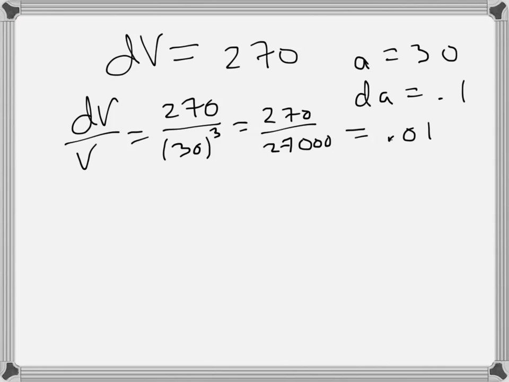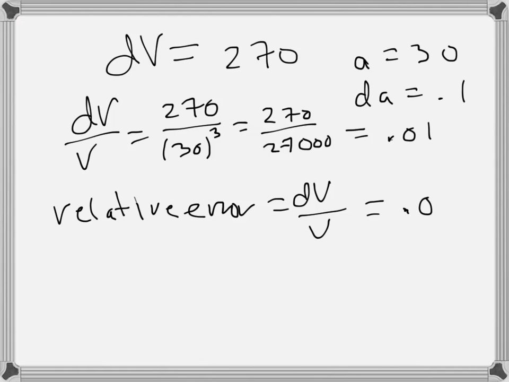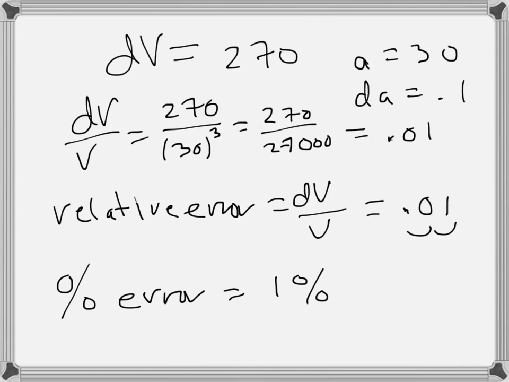And that's called the relative error. That's dV divided by V is 0.01. And changing that to a percentage is the percentage error. So that's going to be 1% if I just move the decimal over 2 spots. So even though it looks like 270 centimeters cubed is a big problem, it's really only a 1% percentage error.